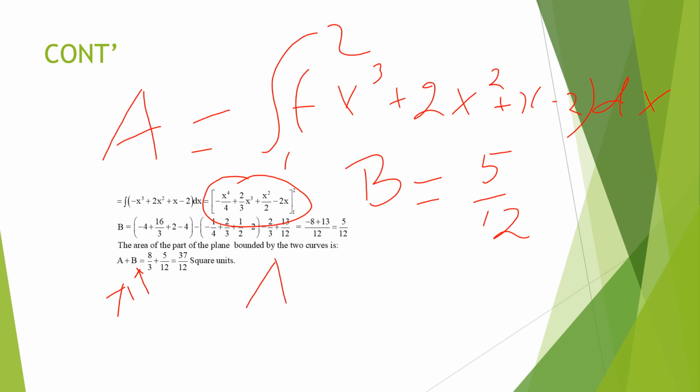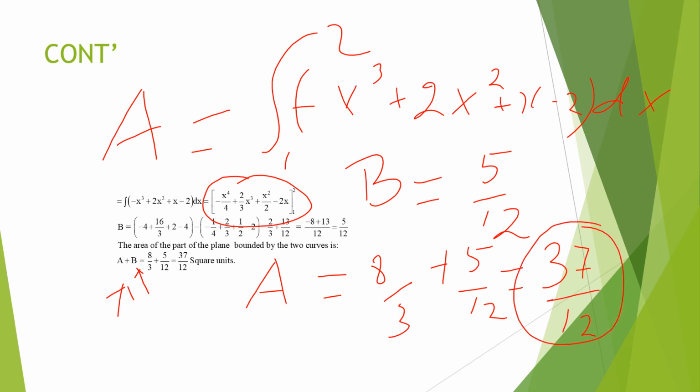The total area will be equal to 8 over 3 plus 5 over 12, which ends up being 37 over 12. So the area will be equal to 37 over 12.